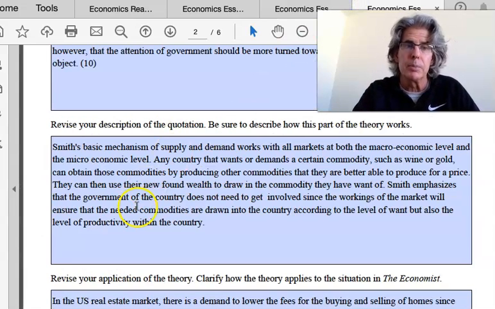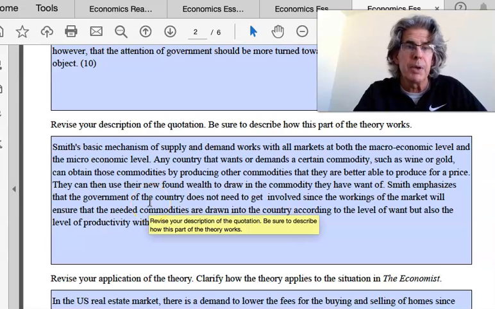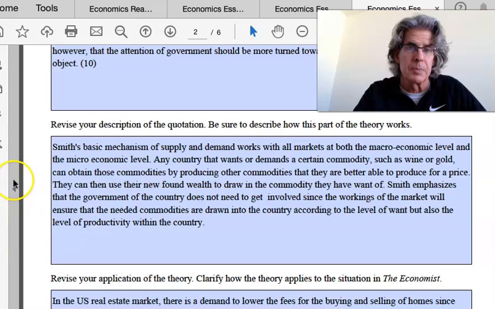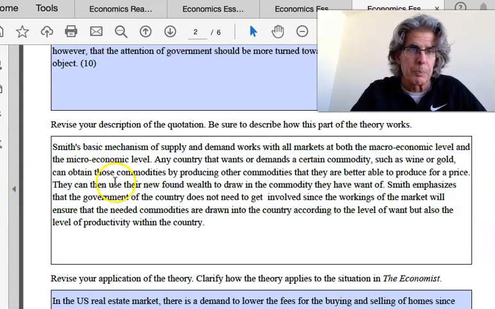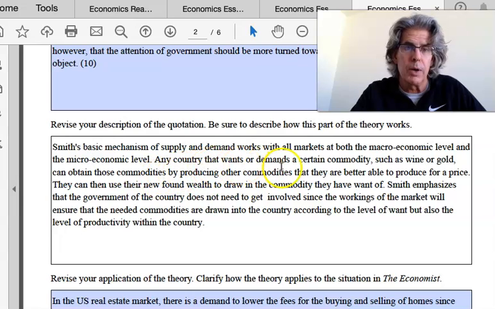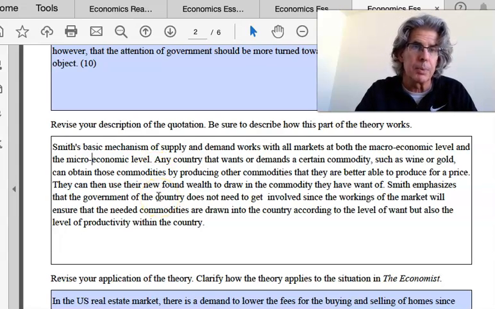This is how I got it in the middle draft stage. Smith's basic mechanism of supply and demand works with all markets at both the macro level and the microeconomic level. Let me hyphenate that. Any country that wants or demands a certain commodity, such as wine or gold, can obtain those commodities by producing other commodities that they are better able to produce for a price.